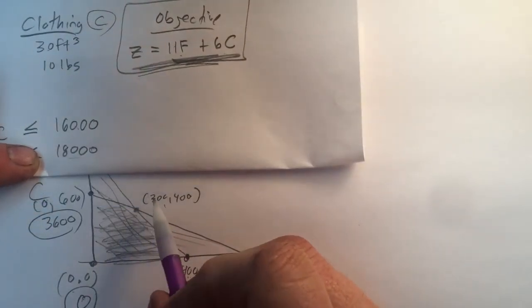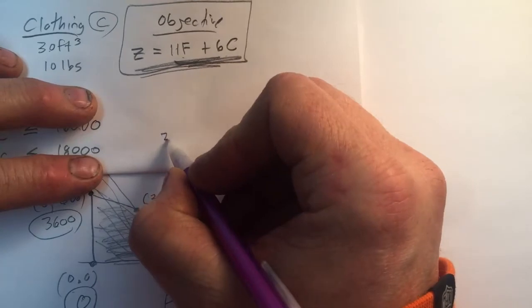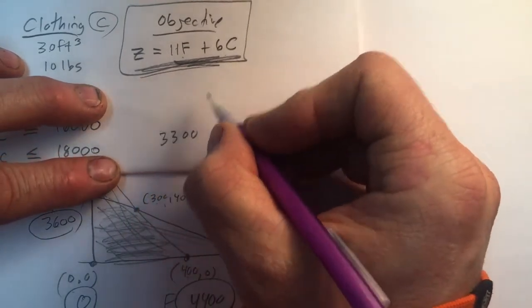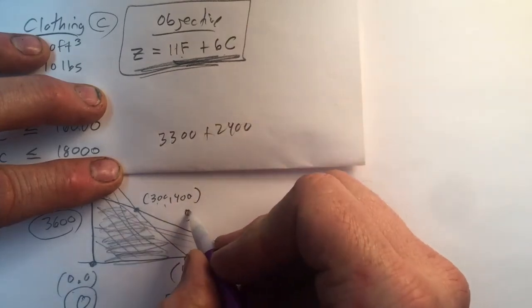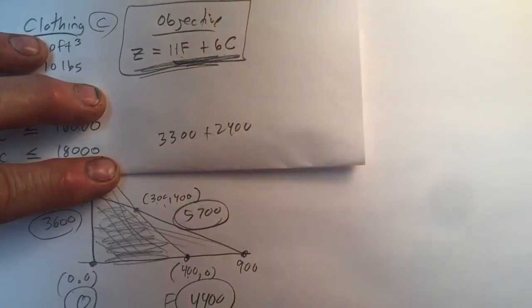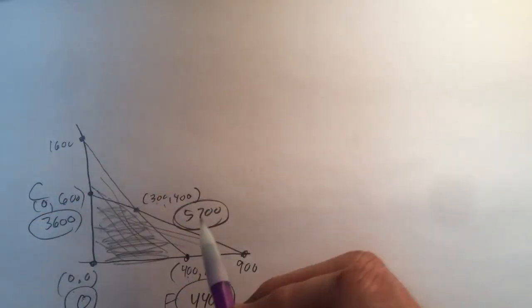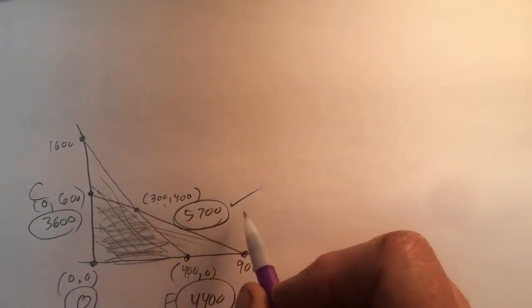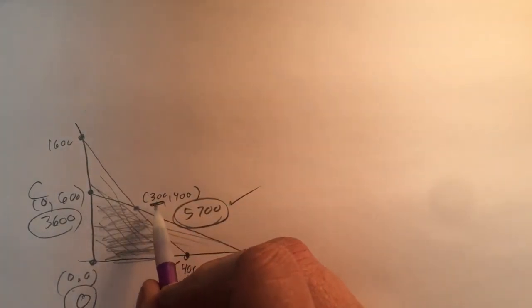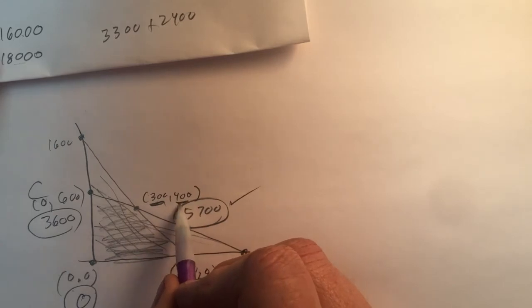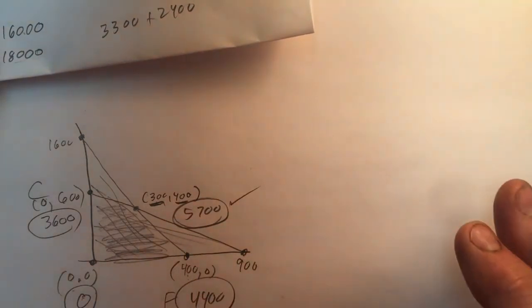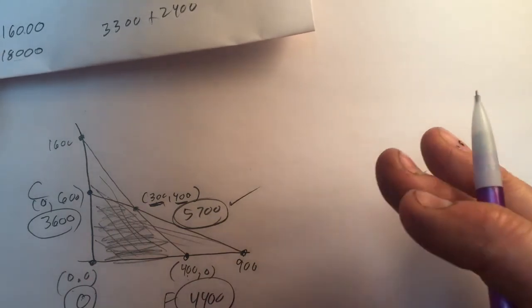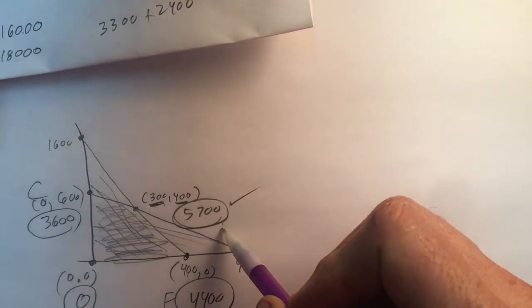If I put this in, 11 times 300 is 3,300, and 6 times 400 is 2,400. Add those, that's 5,700. Now, how am I going to help the most people? Right there. If I send 300 boxes of food and 400 boxes of clothing, I'll maximize my space on the truck and I'll help the most people possible.